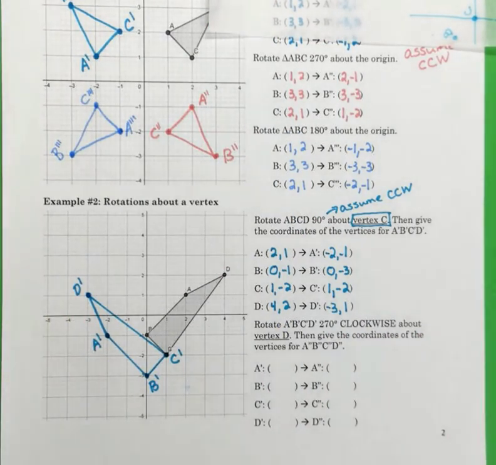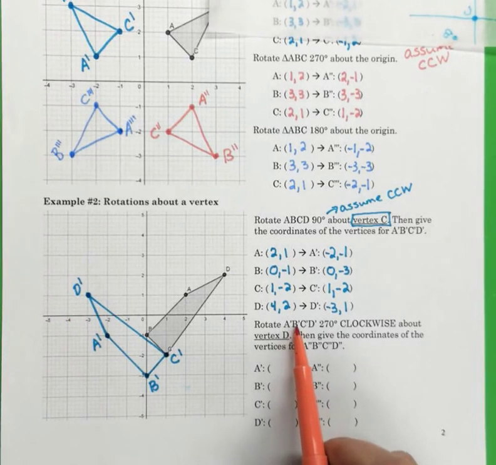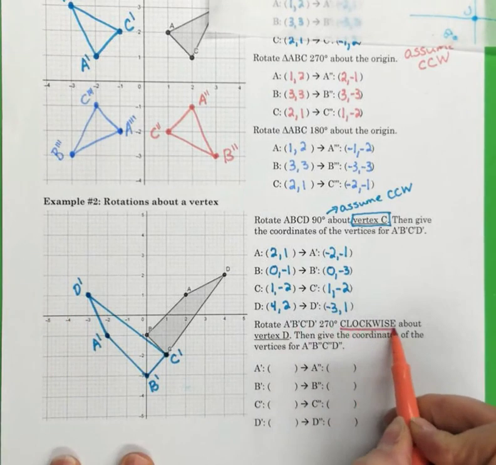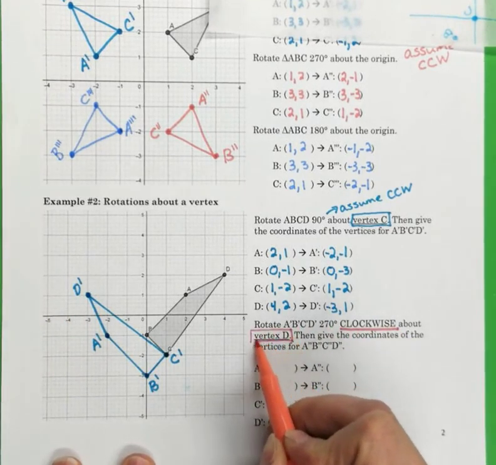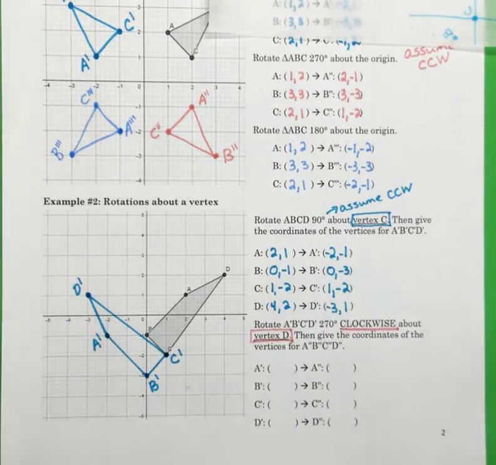So our last portion says rotate the image of ABCD 270 degrees clockwise about vertex D. Then give the coordinates for the vertices of A double prime, B double prime, C double prime, D double prime.